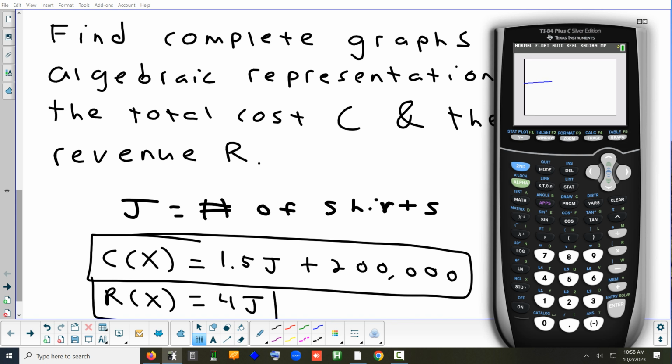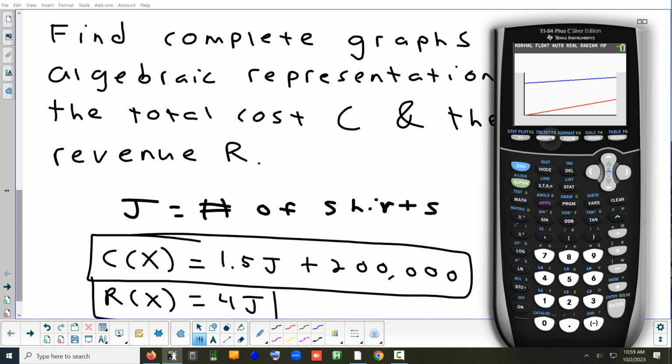And we're going to hit graph, and we're going to see how these look. All right, so there's the cost, and there's the revenue. Okay, so that's not a complete graph because I'm looking for something. What do you think I'm looking for? Yeah, I'm looking for where they intersect. So we definitely need to set the X max higher.